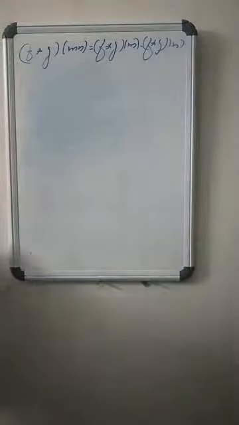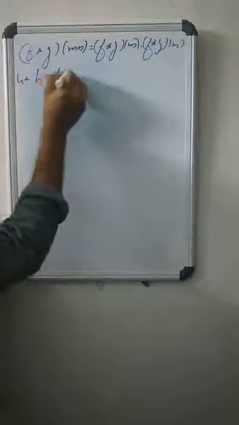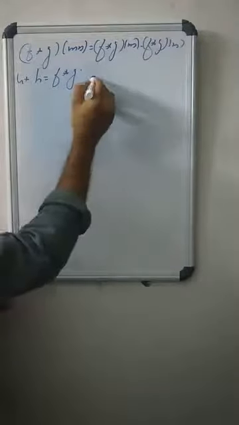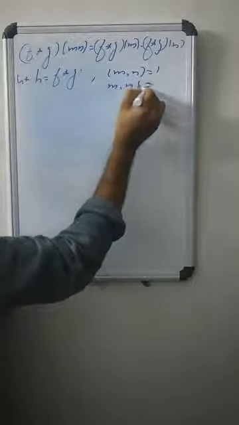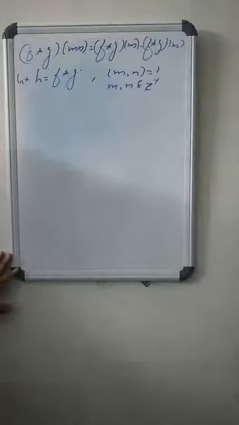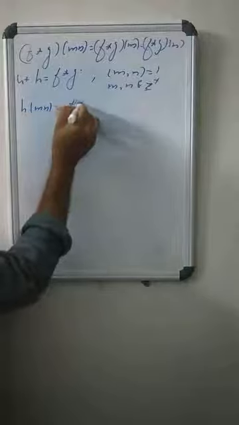So how? Only for convenience, let h equals f star g. It is given f and g are multiplicative. Since m and n are positive integers that are relatively prime, what about h of mn? h of mn equals f star g of mn.